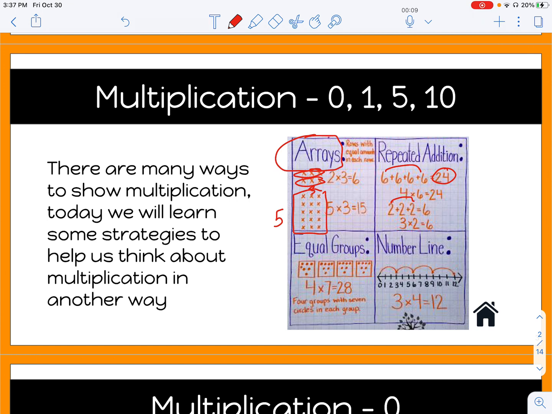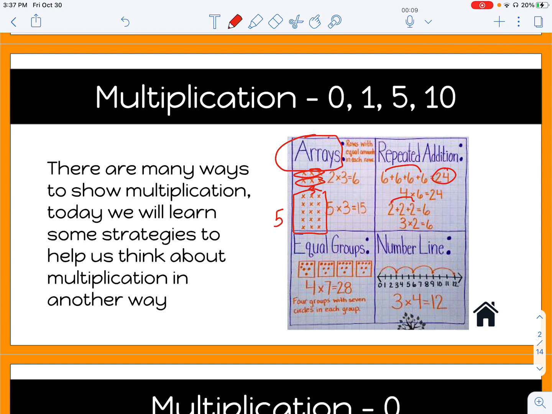So I can do 3 times 2 equals 6. Another common way to think of multiplication is to make equal groups. In this example you see on your screen, we have 4 groups with 7 in each one. I can sit and count all the little dots, or I can think of some strategies to help me get there.